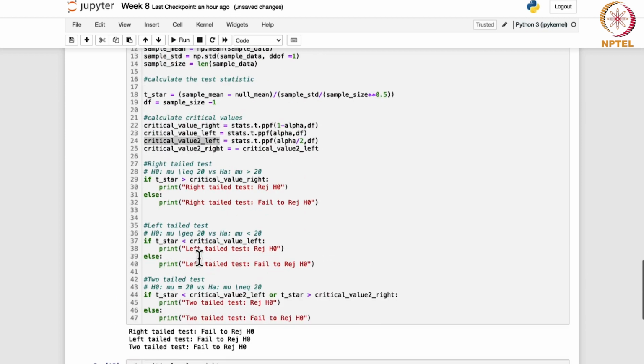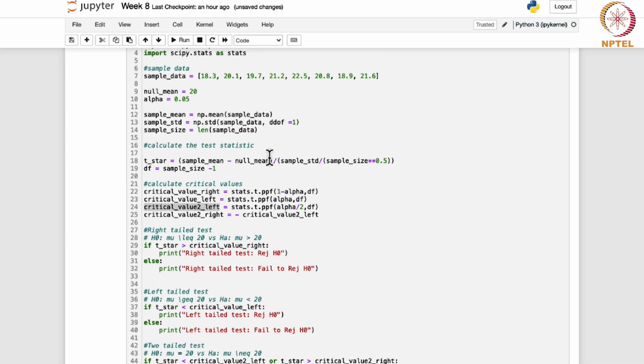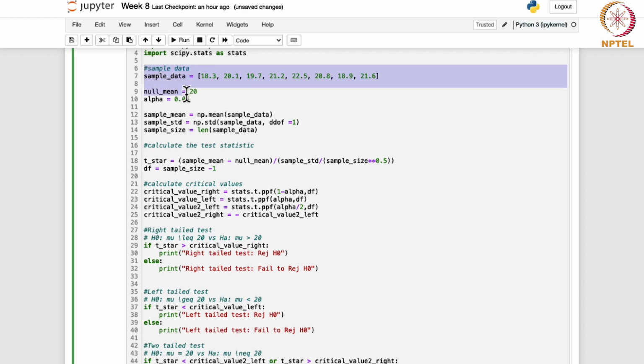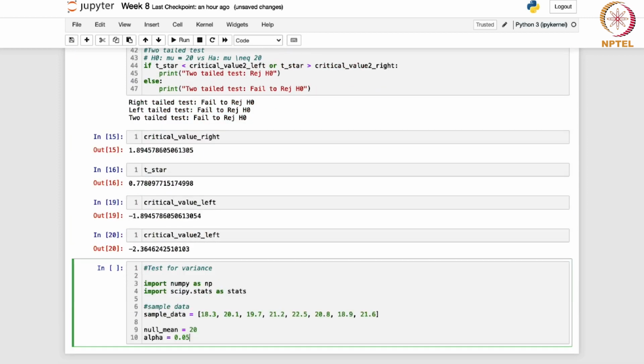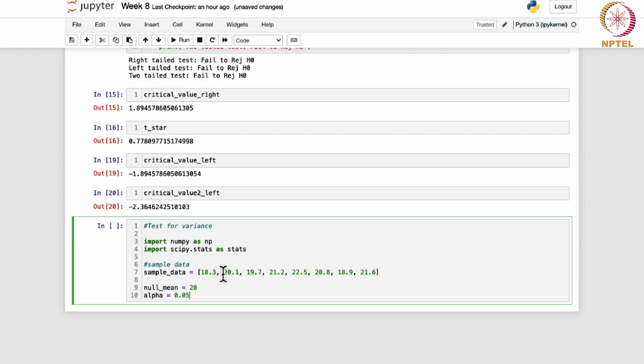So we can consider probably the same sample data we had, this one. So sample data is 18.3, 20.1, 19.7, 21.2, 22.5, 20.8, 18.9 and 21.6.